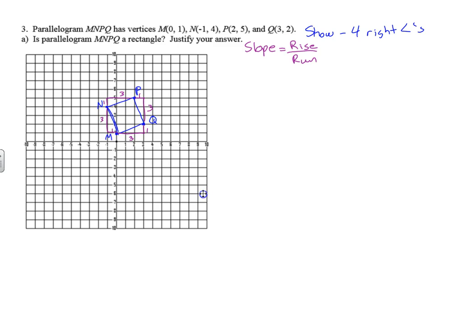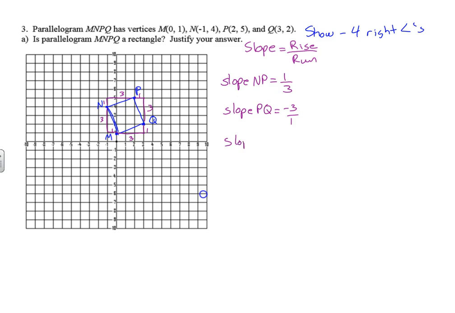A little shortcut you can do is to say the slope of NP is up 1 over 3. The slope of PQ, now we're going down 3 and to the right 1, so that would be negative 3 over 1.